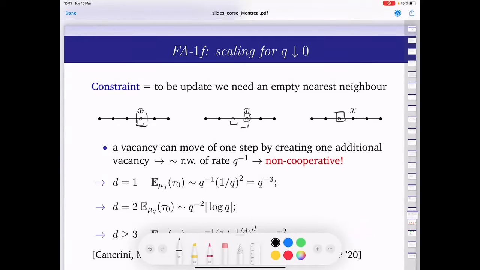And the time I have to wait in order to create a single empty site is of order 1 over q. So I just have to wait to overcome a barrier of size 1.